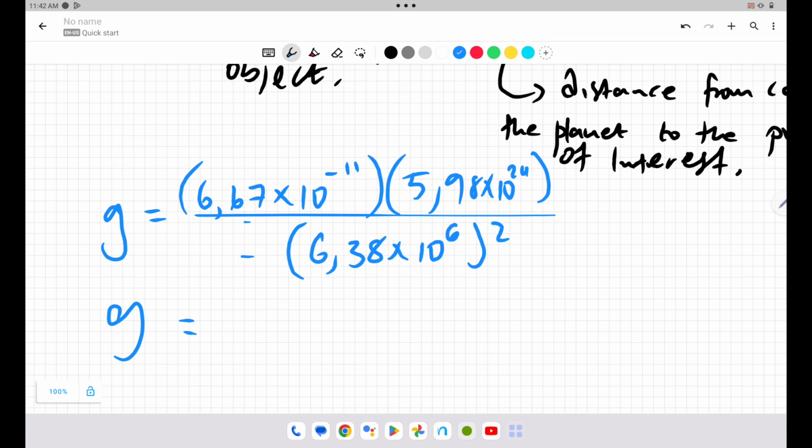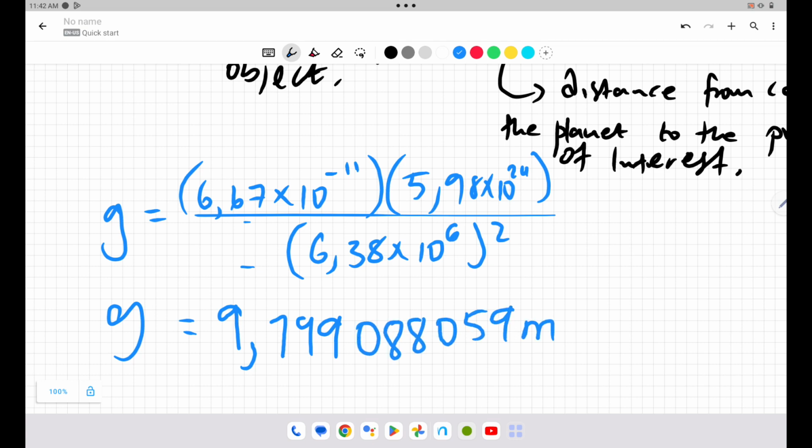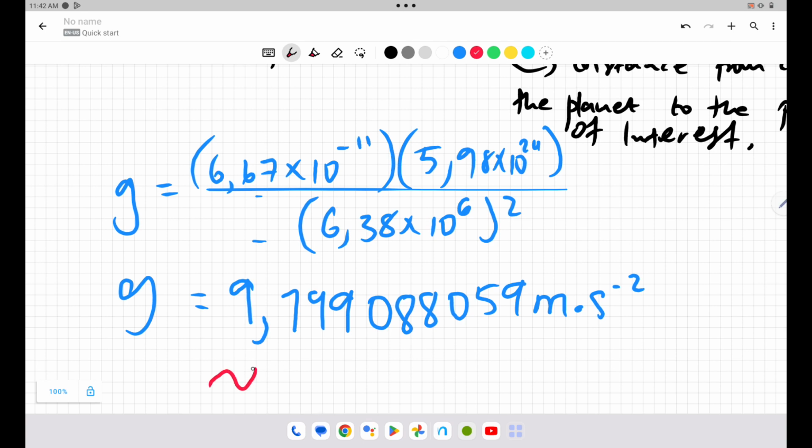If I perform that calculation, I find that g is 9.79908805 meters per square second. If we round this off to 2 decimal places, it will be approximately 9.8 meters per square second. And that's where it comes from.